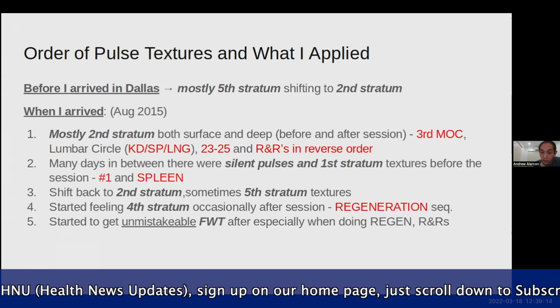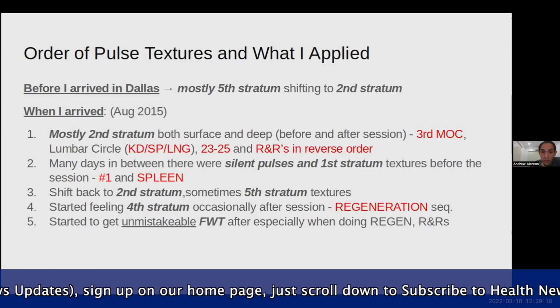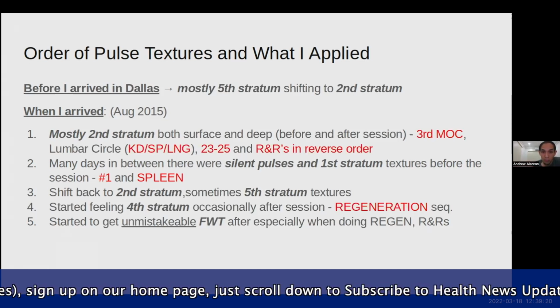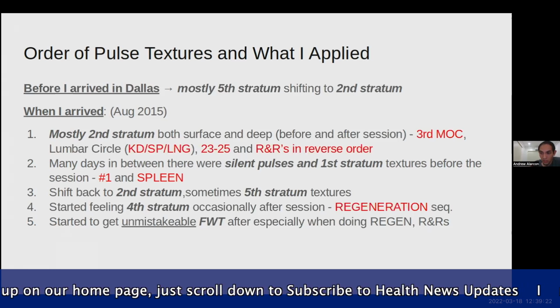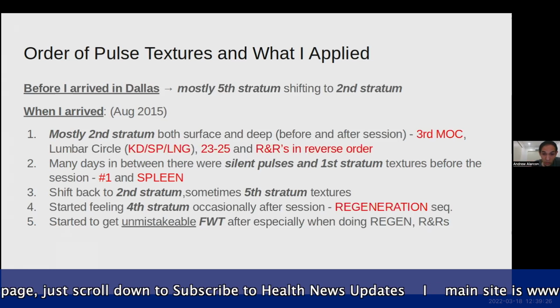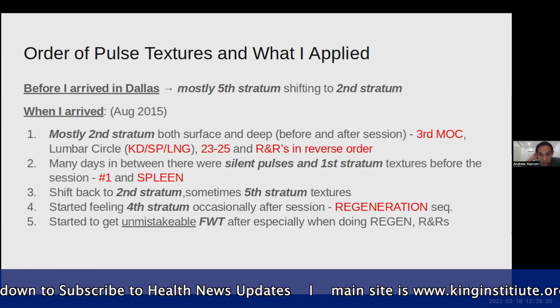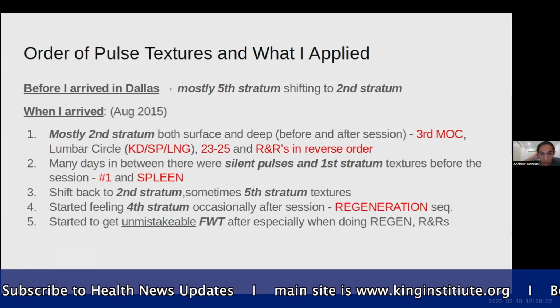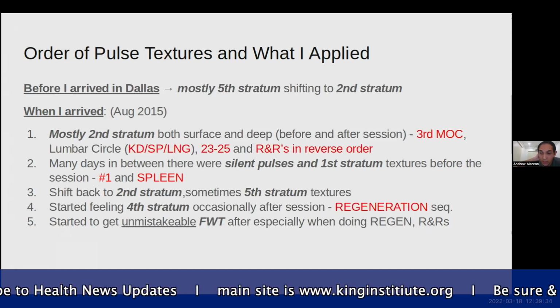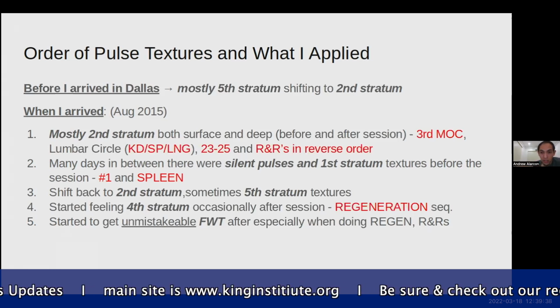So it really helped that prior to this, I was feeling a lot of second stratum and fifth stratum pulses, because sometimes these are the textures that can be mistaken for fluff with tone, in my experience. Okay, so I know that it's definitely not a tingle, because a tingle is usually an electric sensation.